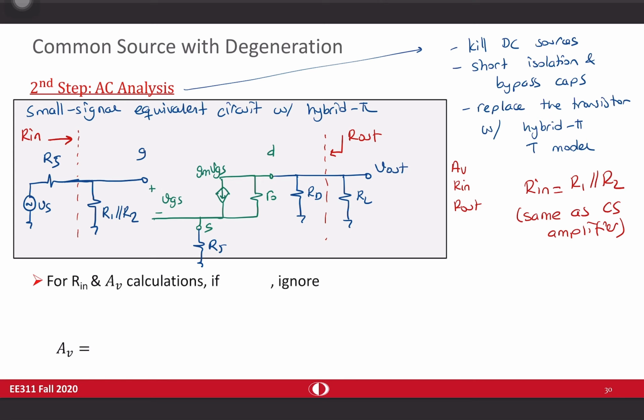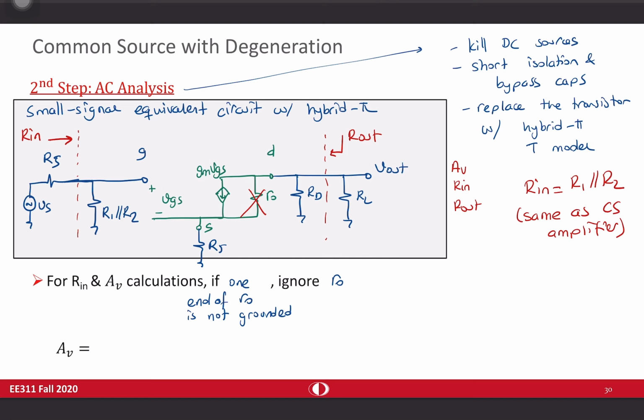So let's write this rule as: if one end of R0 is not grounded, if it makes the mathematics complicated, you can ignore R0. So that's what I'm going to do. I will assume that R0 is not there at all.